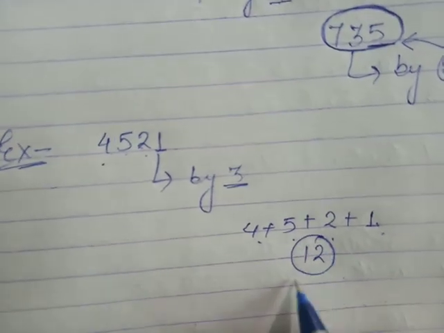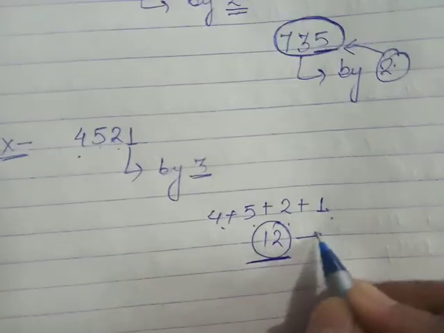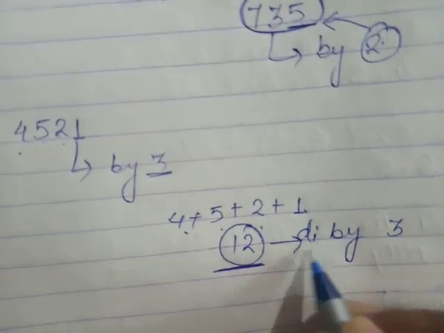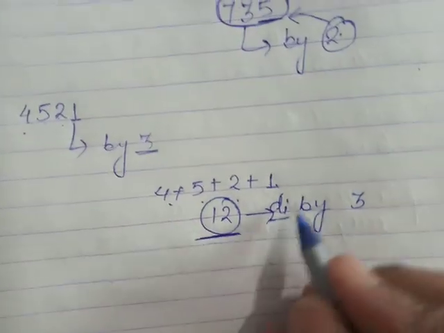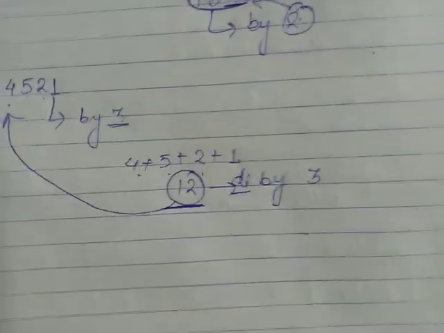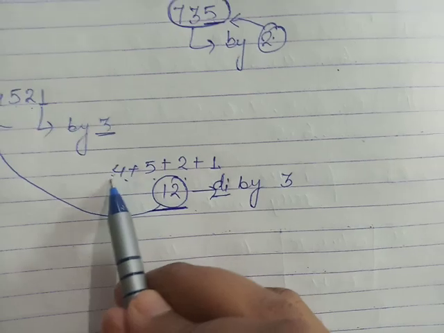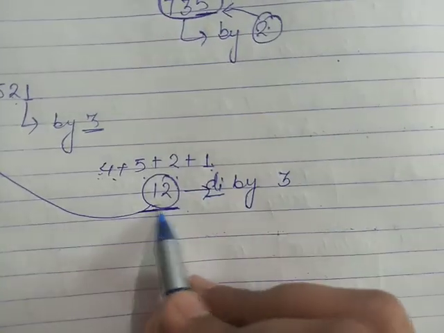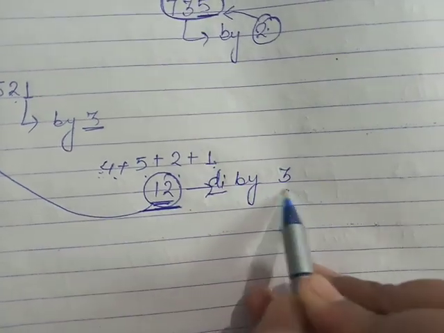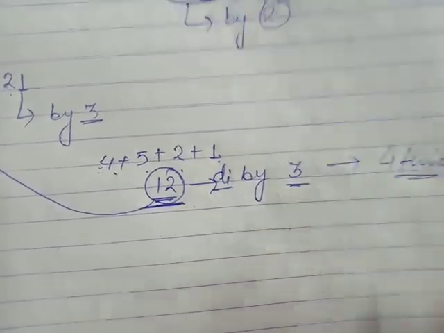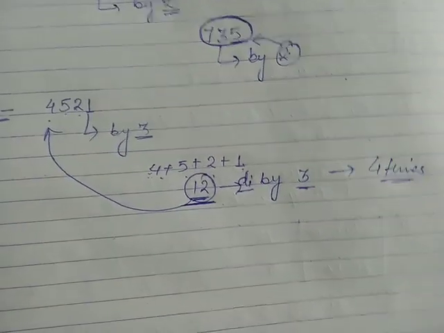We have got 12 as a result. If this 12 is divisible by 3, the number will also be divisible by 3. 12 is divisible by 3 in 4 times, so the number will also be divisible by 3.